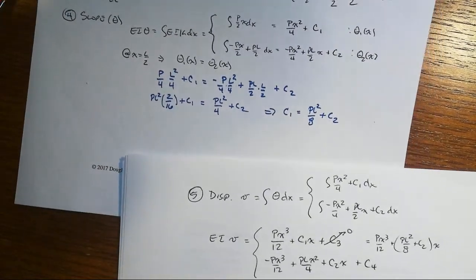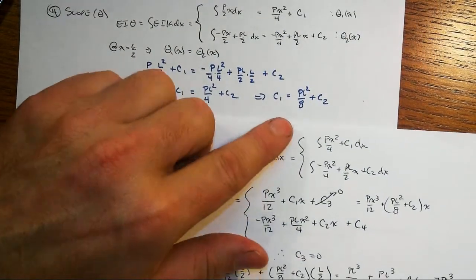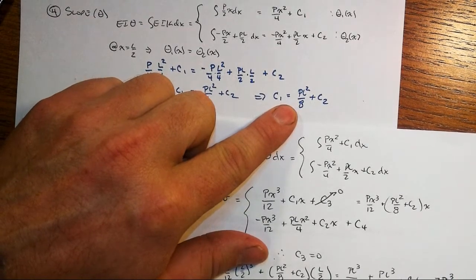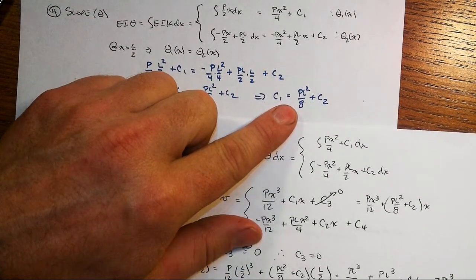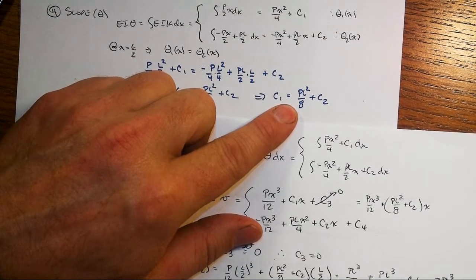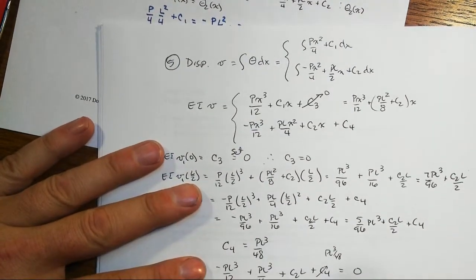We found out that C1, did we ever actually find it? Well, I guess we didn't. We had this is EI times that, by the way. We've got a PL squared over 8 plus the C2, which we said was minus 9PL squared over 48.